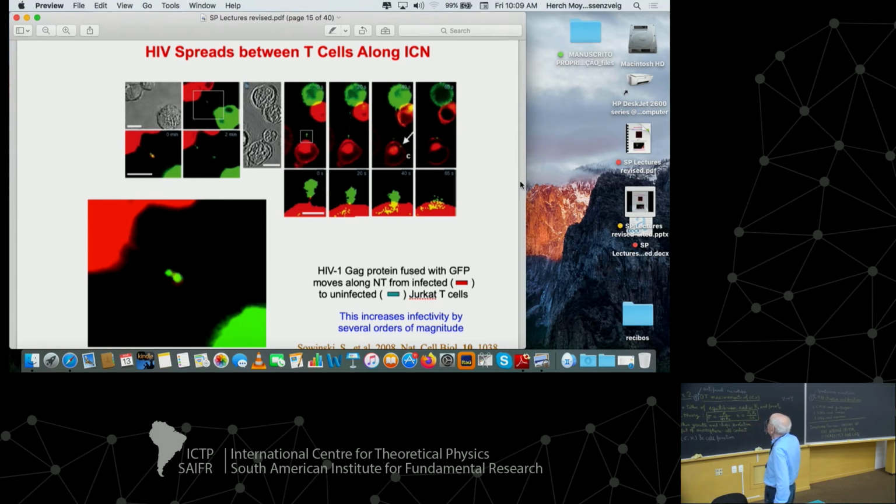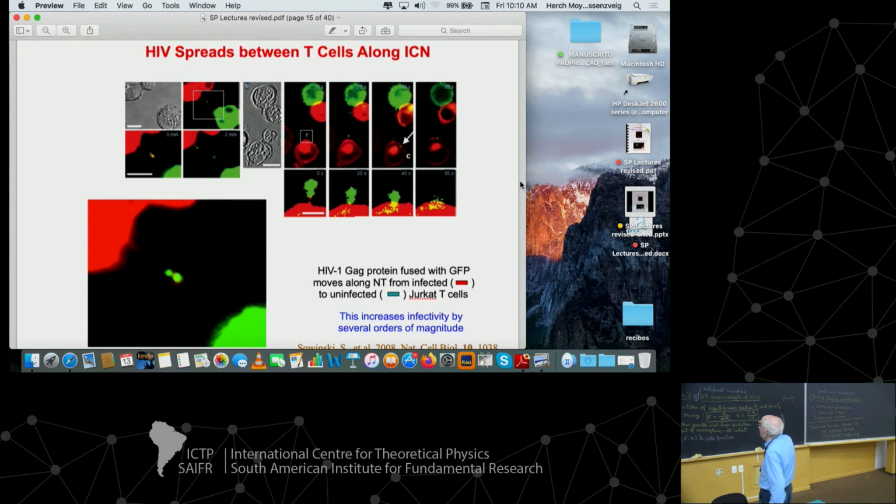And in the paper, which is referenced here, HIV spreads between T cells essentially along the tunneling nanotubes. I think it's very difficult to see, but there is a TNT connecting these cells, and you can follow how this is done.